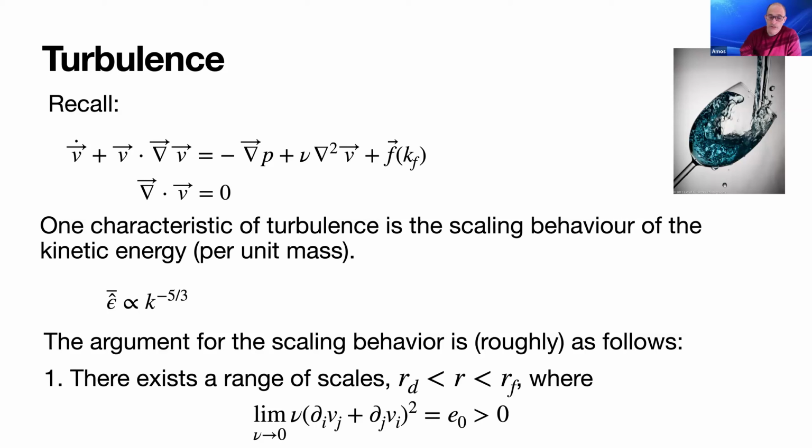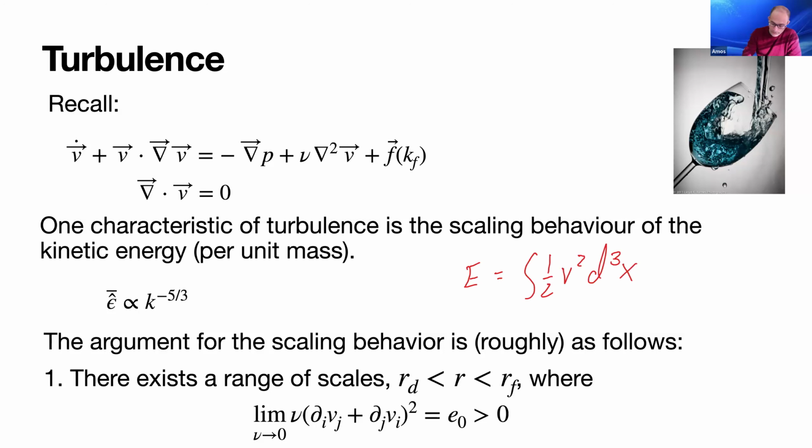So again, this quantity, viscosity times shear squared, if you integrate that quantity, that's the energy loss. So let me write an equation. If you look at the total energy per unit mass, this is just the total kinetic energy.